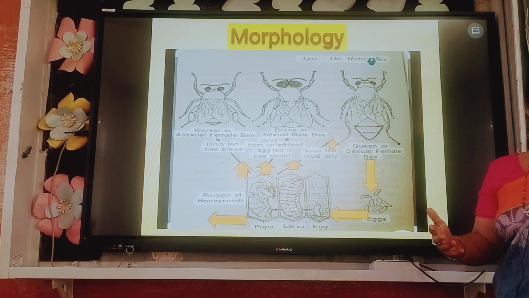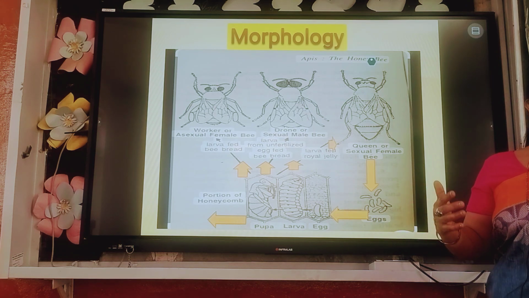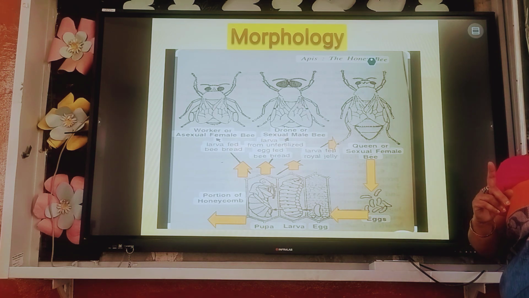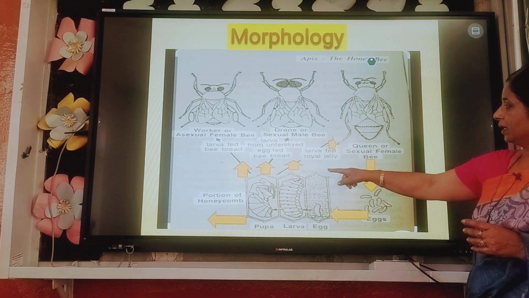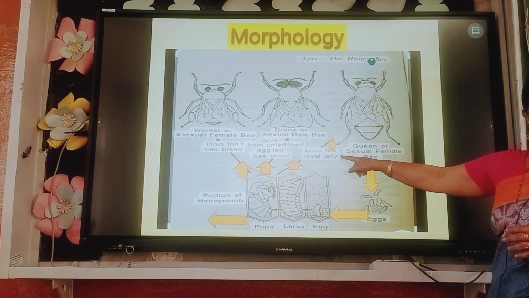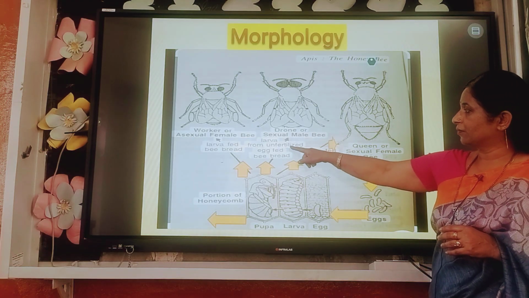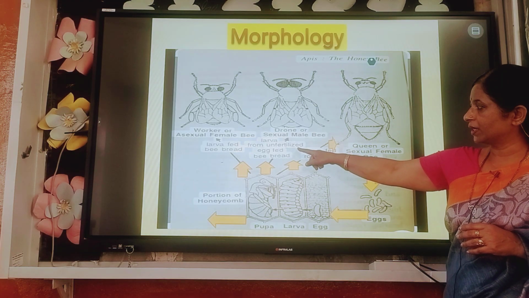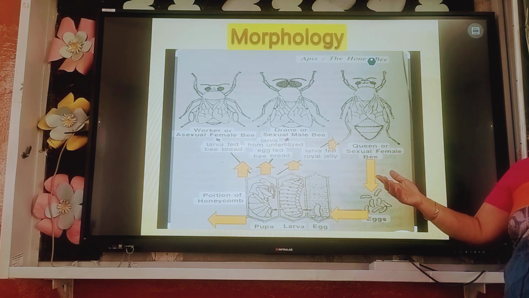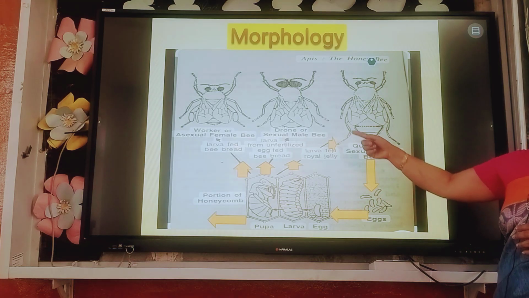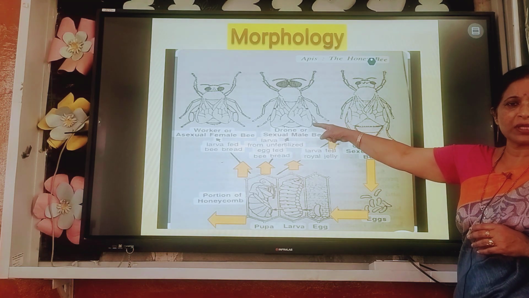Because of the diet, some will change into drone, some into workers and only one into queen. This is a larva fed on royal jelly that will turn into queen. And this is a larva coming from an unfertilized egg, feeding on bee bread. It just forms a drone.